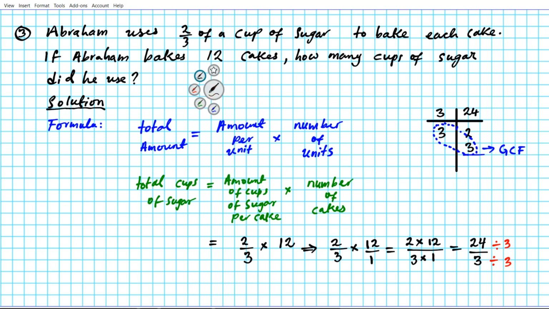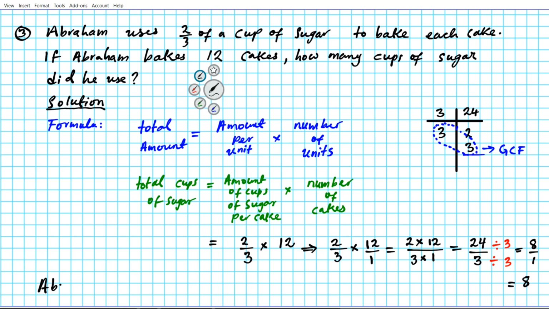When we carry out that division, 24 divided by 3 is 8, and 3 divided by 3 is 1. What is 8 divided by 1? 8 divided by 1 is just 8. Bam. Any number divided by 1 is just the numerator. There goes another whole number in fraction form, so we just write it in whole number format. What does this answer mean?